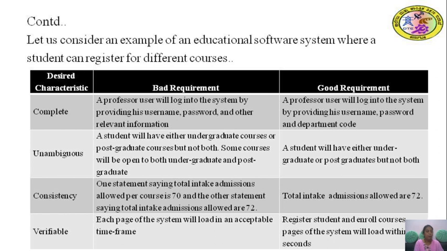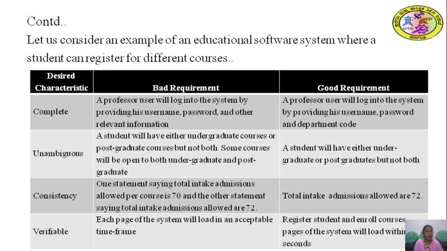The problem in this requirement is that from the first requirement, it seems that the courses are divided into two categories, undergraduate courses and postgraduate courses, and a student can opt for either of the two but not both. But when you read the other requirement, it conflicts with the first requirement and tells that some courses will be open to both postgraduate and undergraduate.